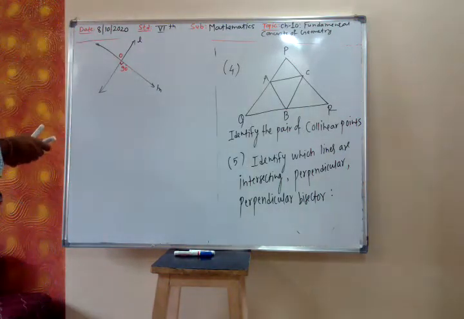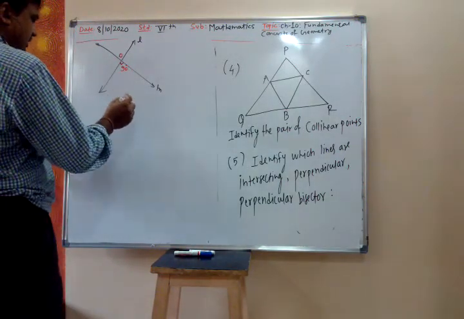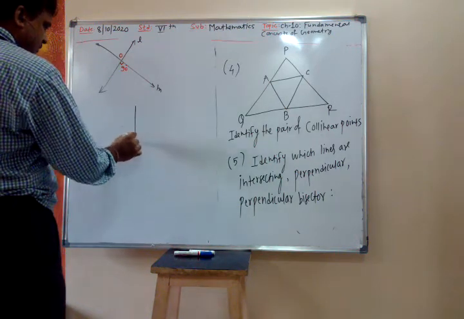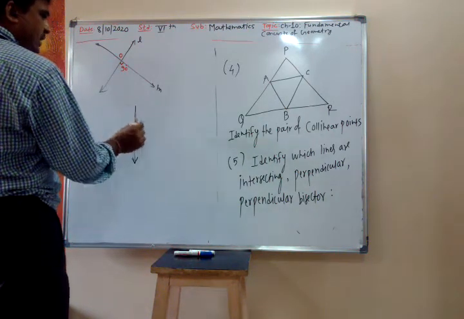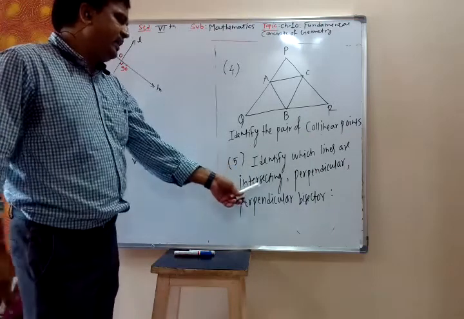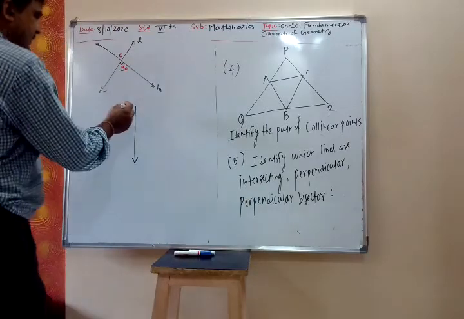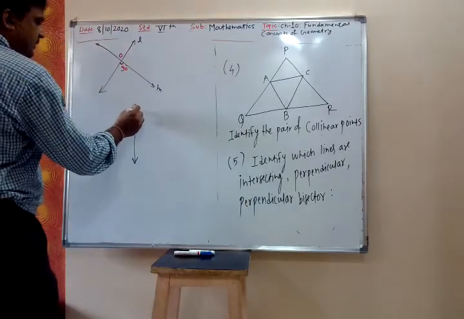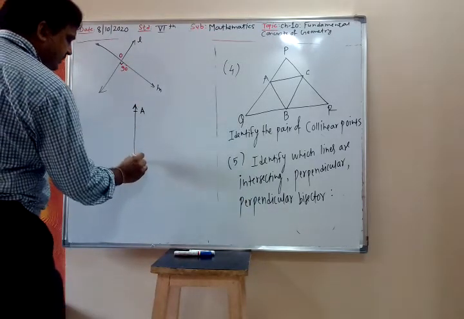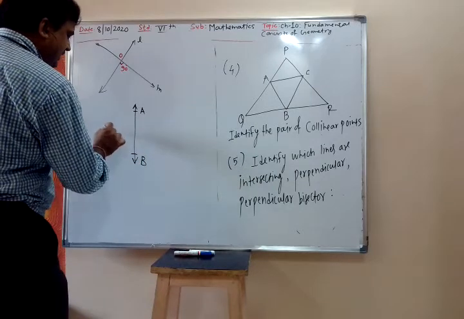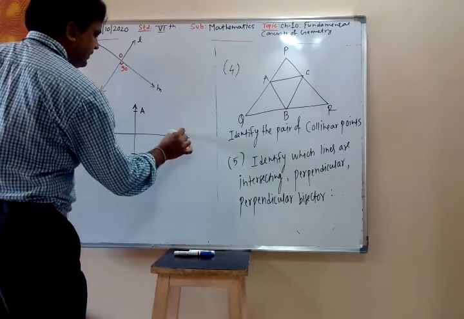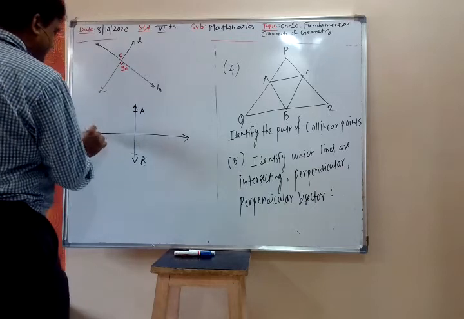Now wait, last question. Identify which lines are intersecting, perpendicular or perpendicular bisector. Those you have to identify. AB is the line. Then we have line CD.